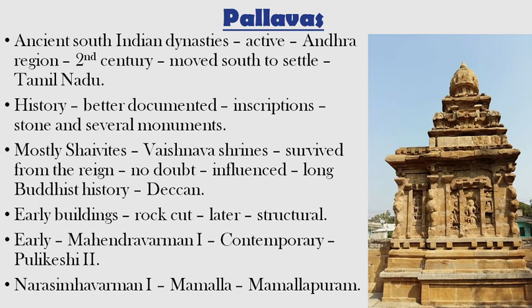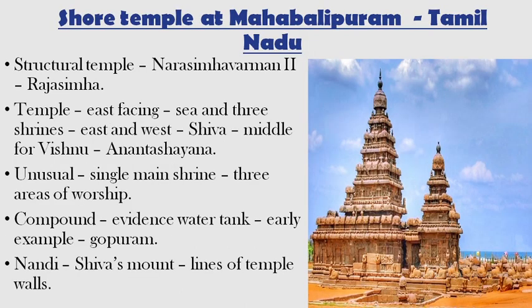Narasimhavarman I, who was also known as Mamala, acceded to the throne around 640 Common Era. He expanded the empire and also inaugurated most of the building work at Mahabalipuram, which is known after him as Mamallapuram. So let's see the Shore temple at Mahabalipuram in Tamil Nadu.